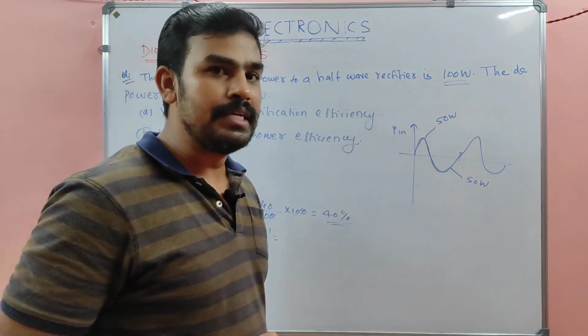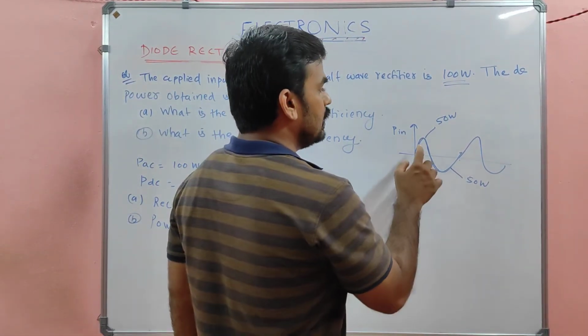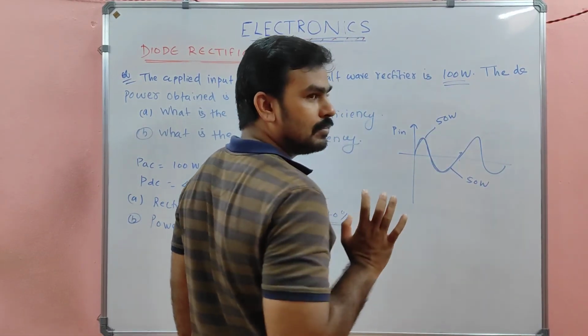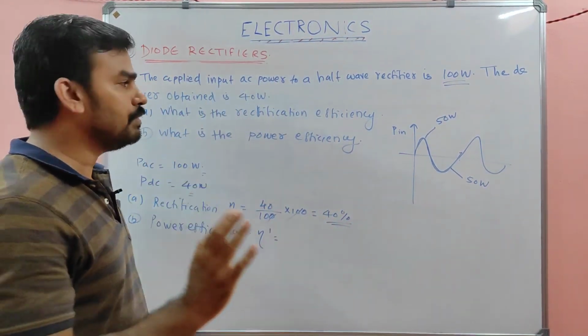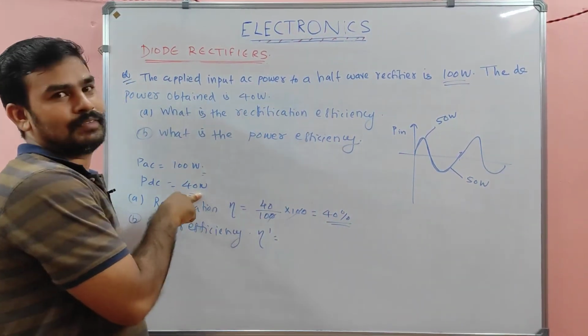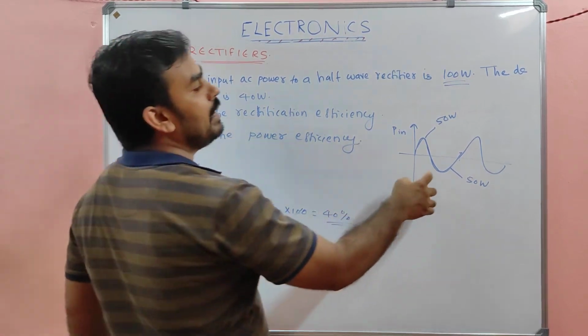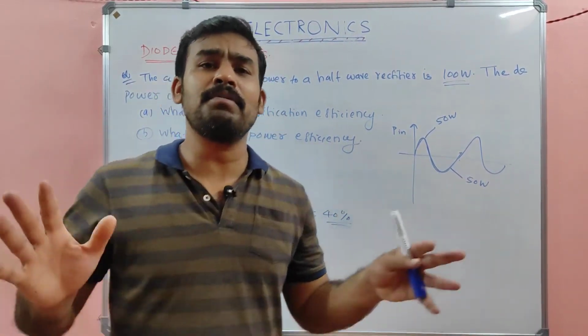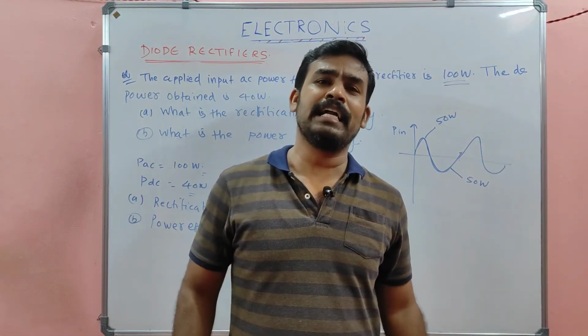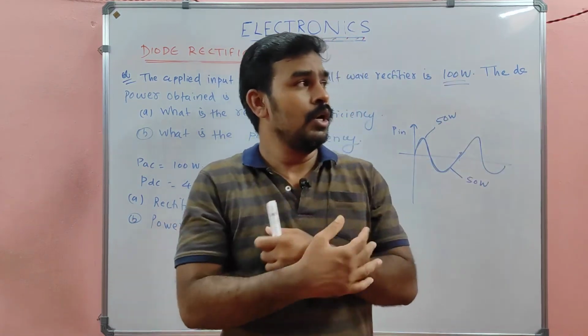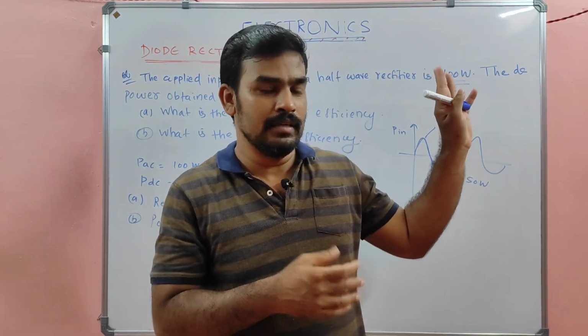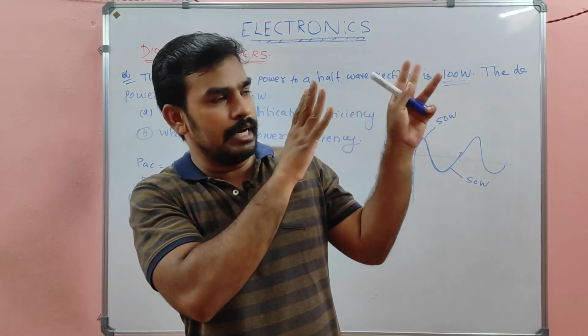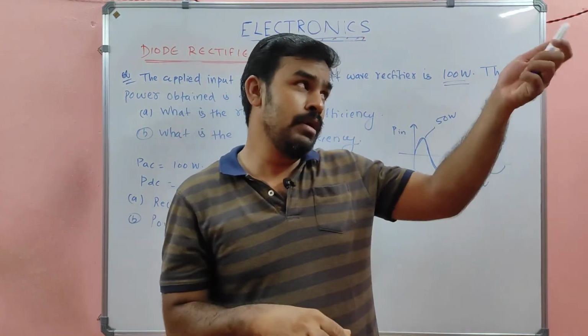So what is my diode doing? It converts simply the 50 watt and produces the 40 watt output. And the remaining 50 watt is not at all available to the diode, because it blocks that 50 watt. The diode will reply, I don't need that 50 watt, I need only the positive half cycle.